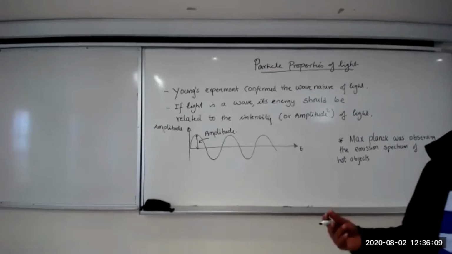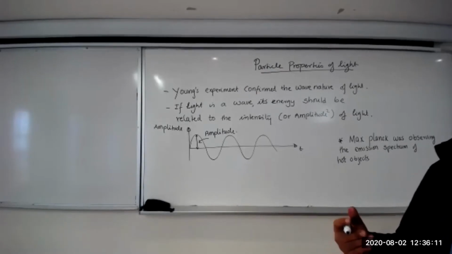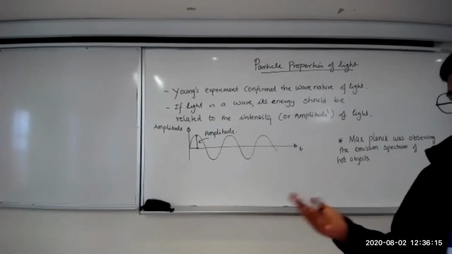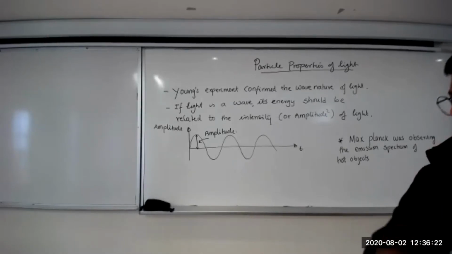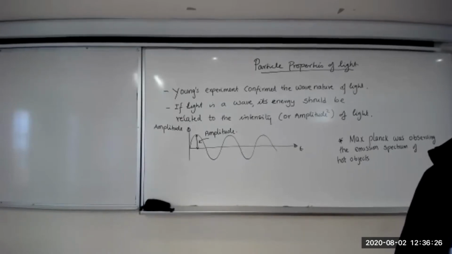He was expecting the light wave to come out. Before that, in Newton's time, they knew that white light is a combination of different colors. That's why Newton was a strong advocate of the particle property of light.